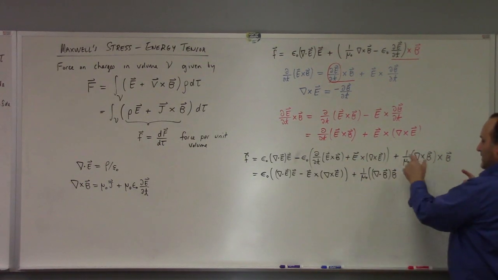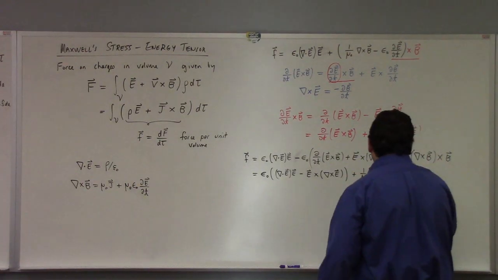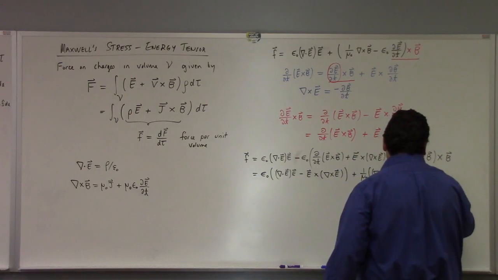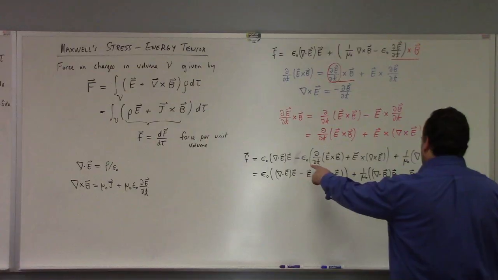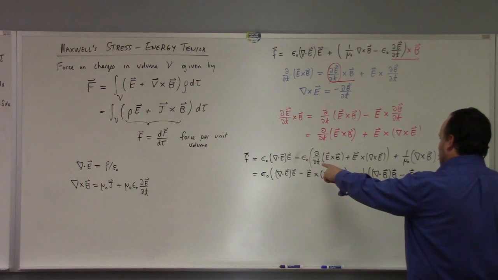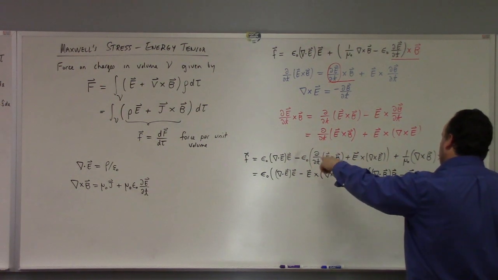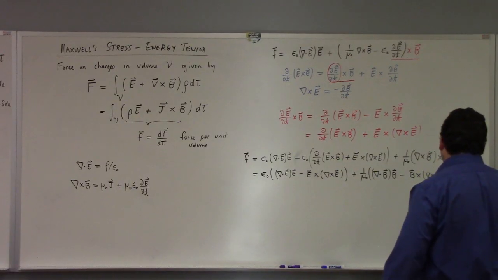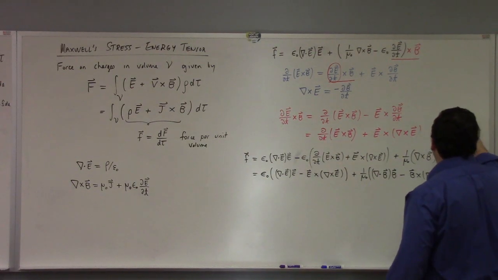I've got the curl second and the curl first, so if I flip it, I get a minus B cross the curl of B here. And then, of course, I've got minus epsilon naught mu naught partial S partial T, since S is 1 over mu naught times E cross B, right?